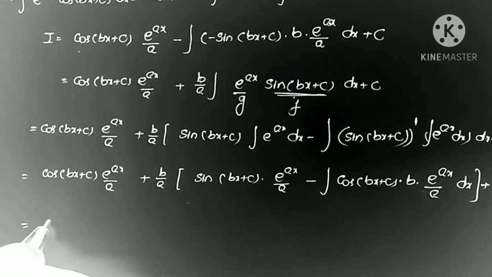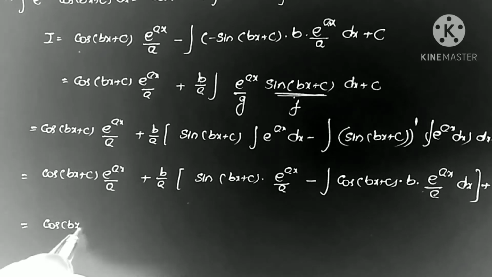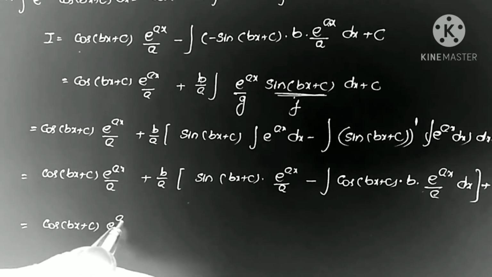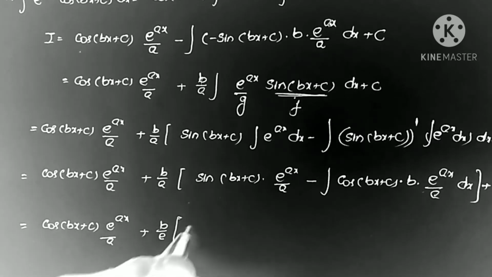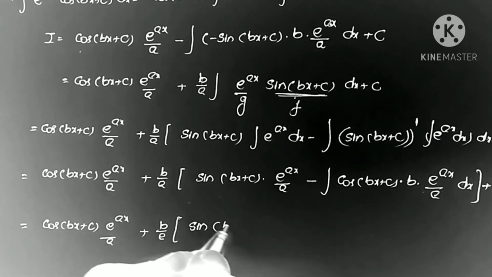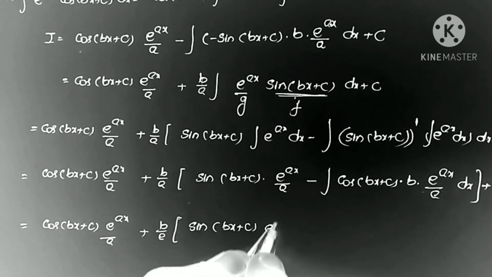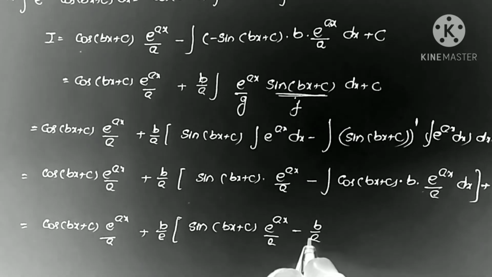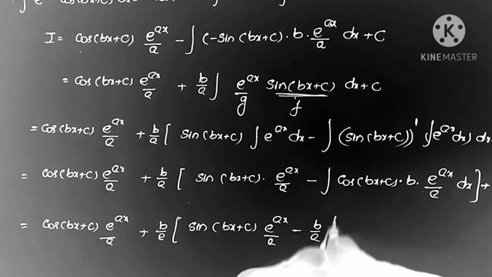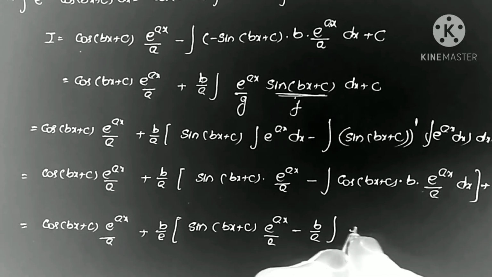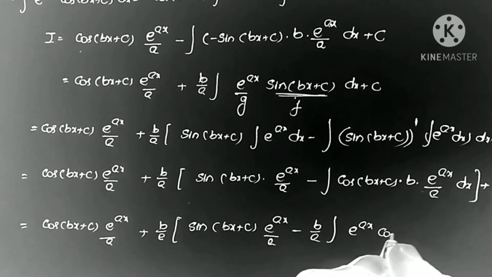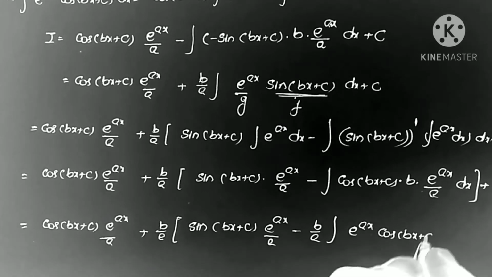And this is equal to cos(bx plus c) into e power ax by a plus b by a into sin(bx plus c) into e power ax by a. Here minus b by a is the constant, so taking the constant before the integration, minus b by a into integral. What are the remaining values? E power ax into cos(bx plus c) into dx.